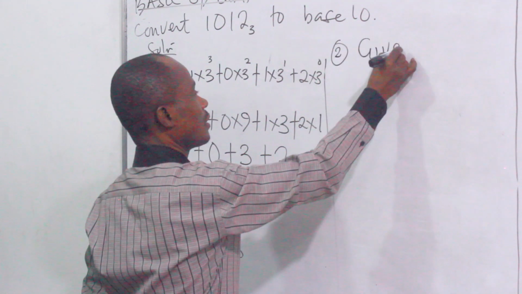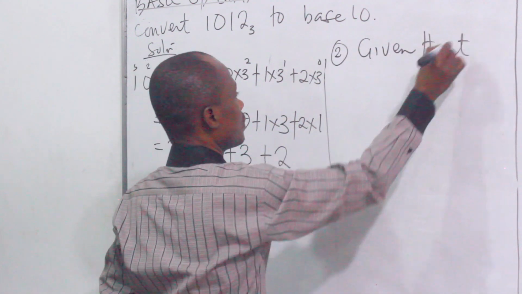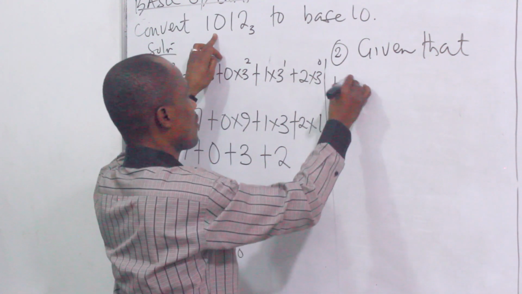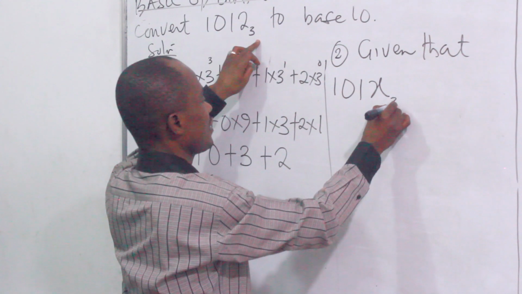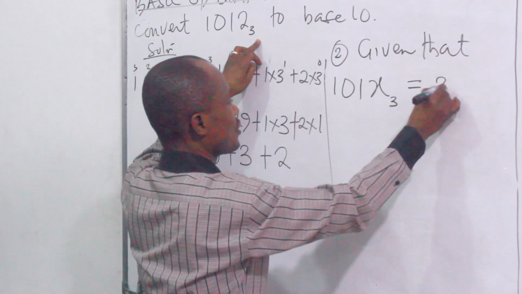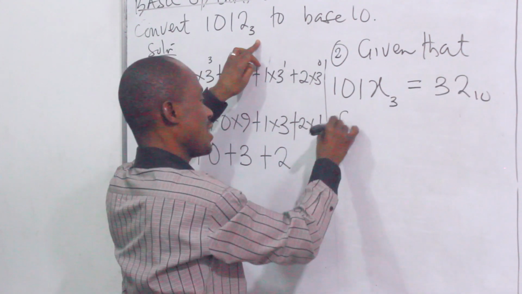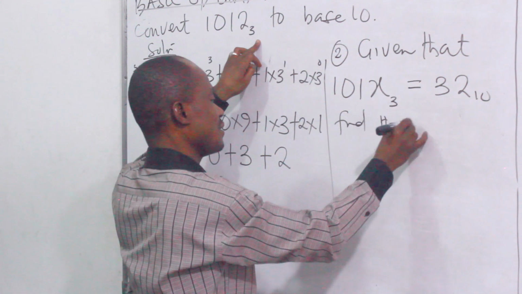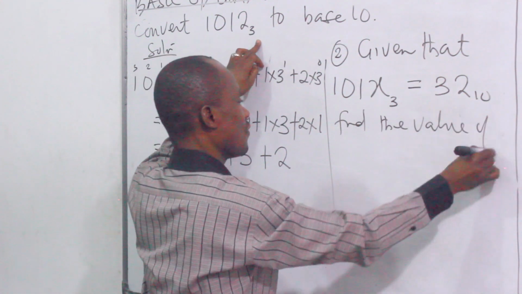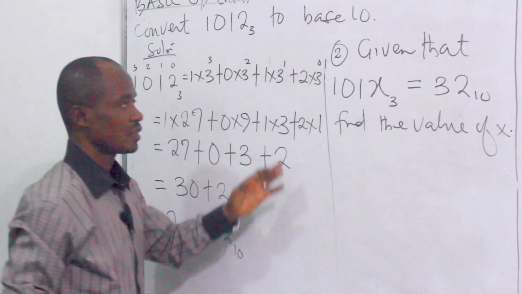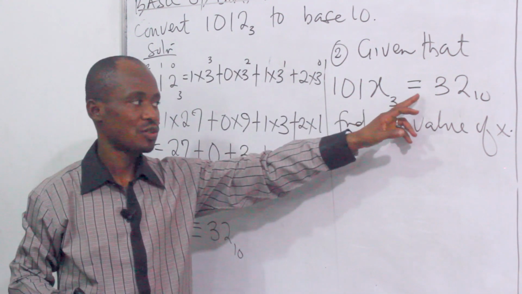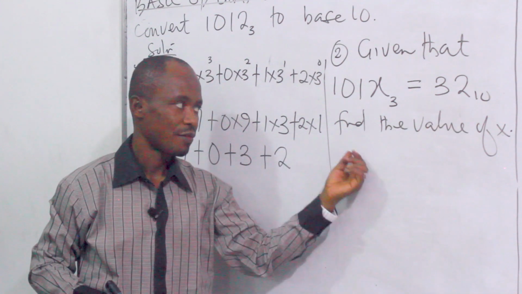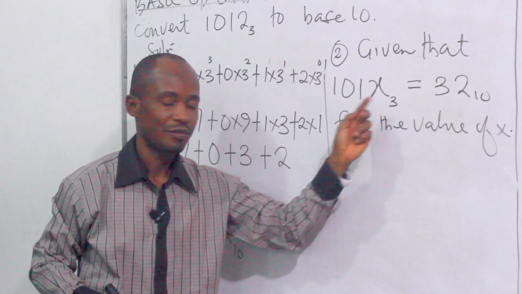Given that 1, 0, 1, x in base 3 is equal to 32 in base 10, you'll be asked to find the value of x.